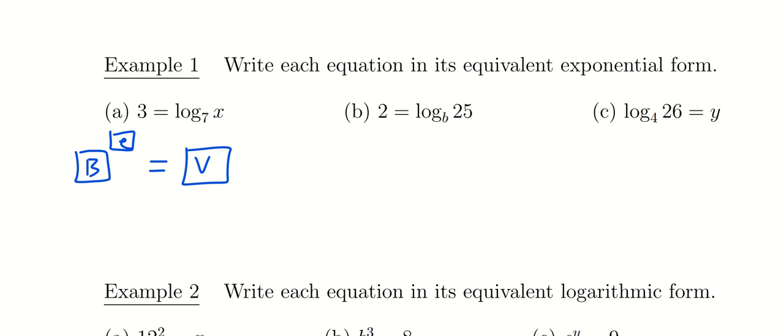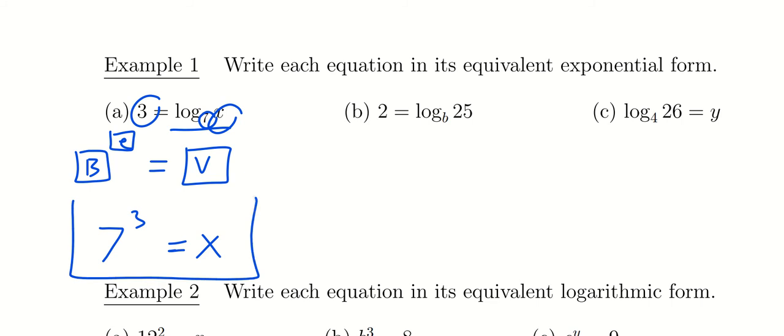Here's our log statement. Remember, this bottom number is the base. The x, the thing on the inside, is the value, and what the log is equal to is the exponent. So the equivalent exponential statement would be 7 to the third power equals x.